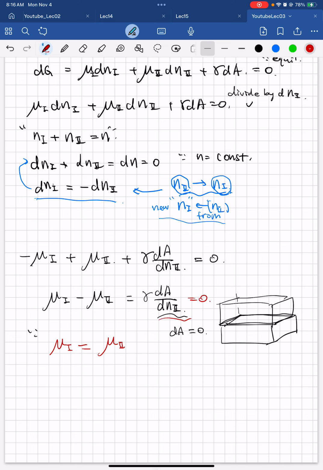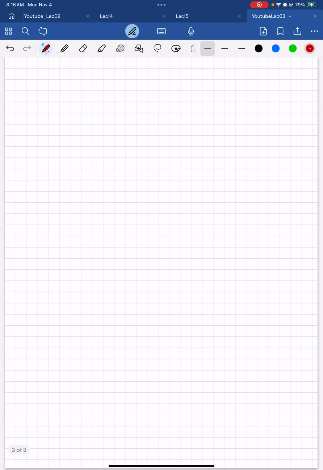So you could see that whenever two phases with a flat interface are in equilibrium, then the chemical potential of them will be the same. All right? Now, what will happen if it's a curved surface?